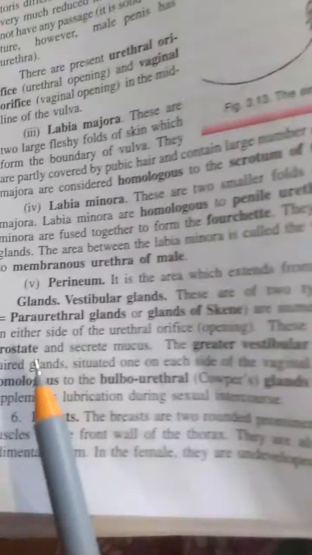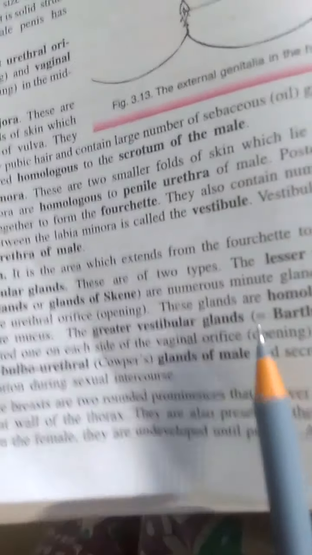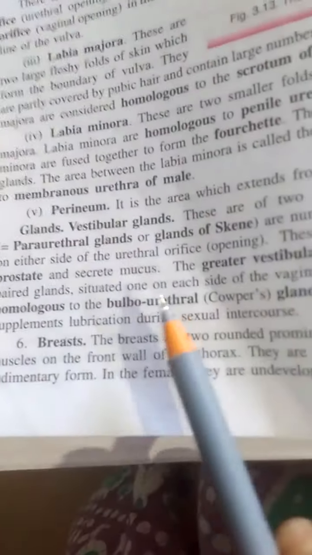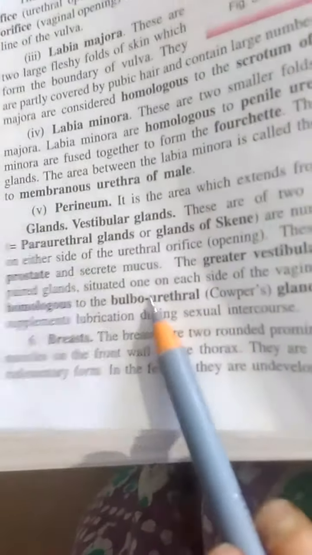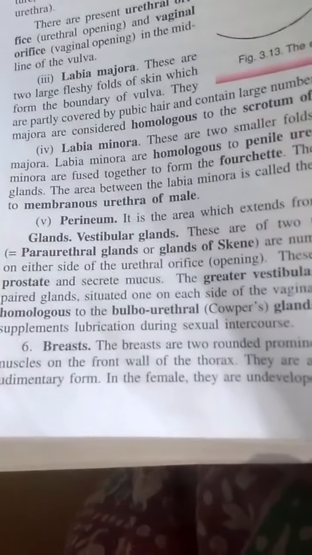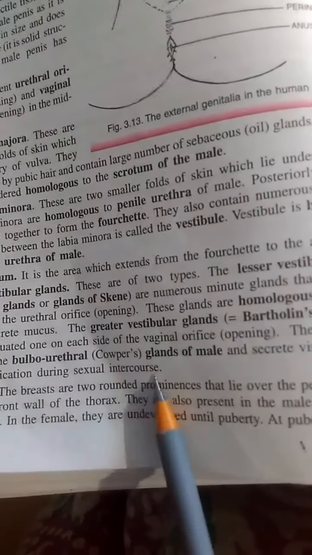And they secrete mucus. And then there are greater vestibular glands which are larger in size, right? And they are lesser in number, they are situated one on each side of the vaginal opening, right? And what is their function? Their function is to lubricate the area during sexual intercourse, right?